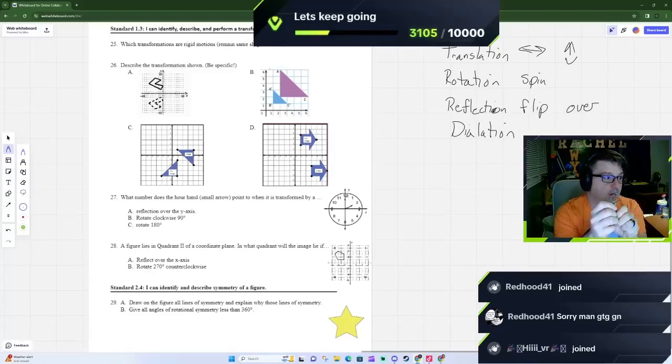So this is what we call a dilation. It's when you start to change the size of what your figure was. So anytime you see 2 different size shapes, that is going to be what we call a stretch or compress. Stretch or compress. That's going to be a dilation. It's going to be larger or smaller.